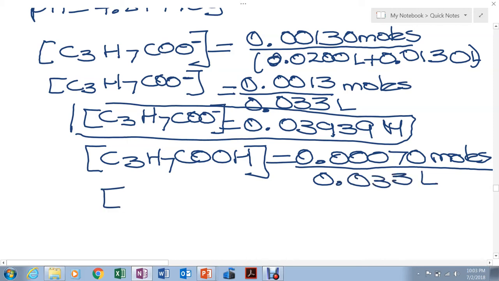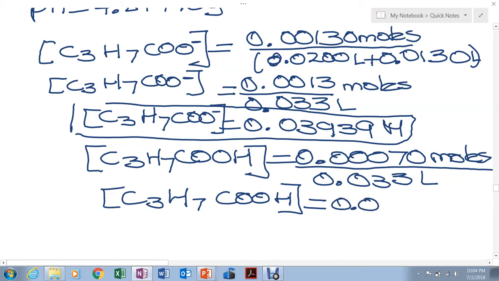And the concentration of the acid would be 0.0212 M.